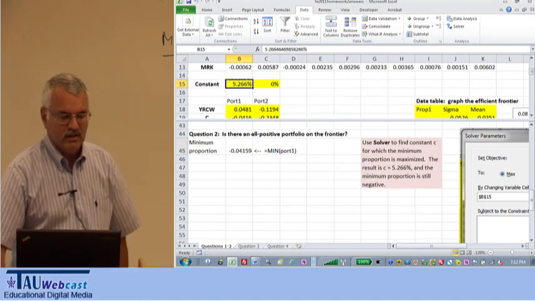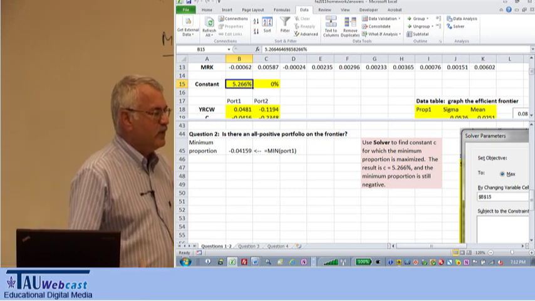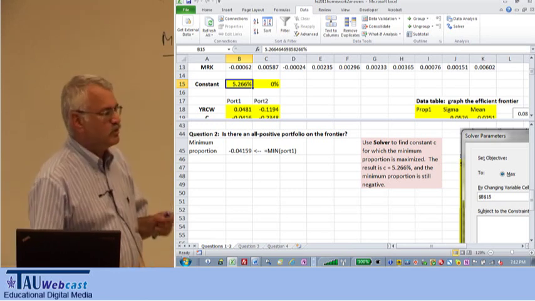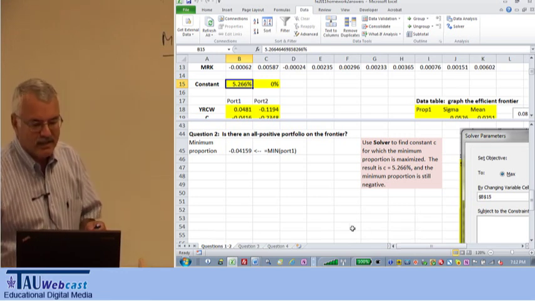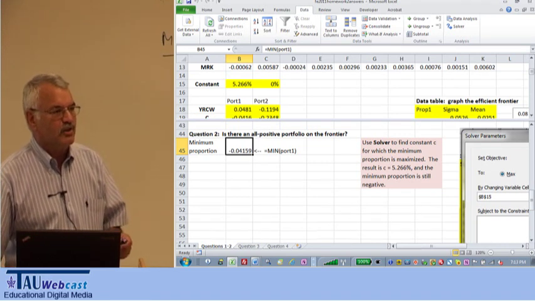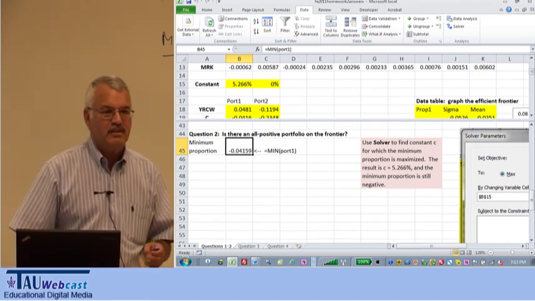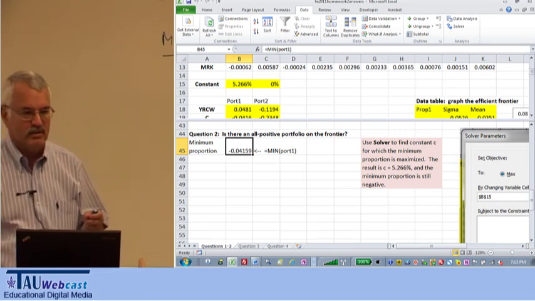So here's the answer. When the interest rate C is 5.266% per month, then the proportion is minus 0.4. So even if you maximize the minimum proportion, it's still negative.